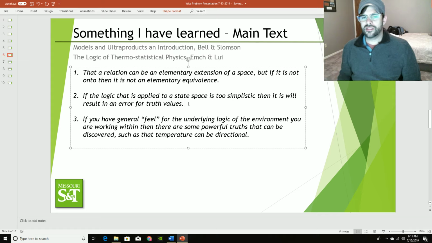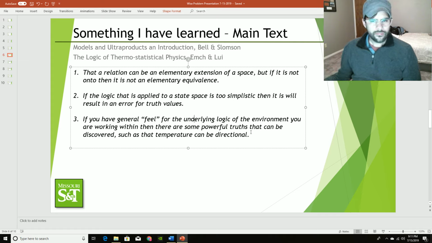Basically that means that you could run your logic, but if your state space logic is too simplistic, like the ideal gas law, and you get a variation in temperature or pressure outside of ideal limits, then your truth value will actually be false when that could be the actual observed condition.